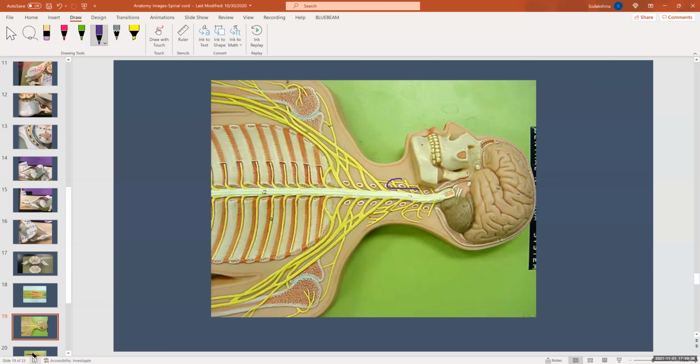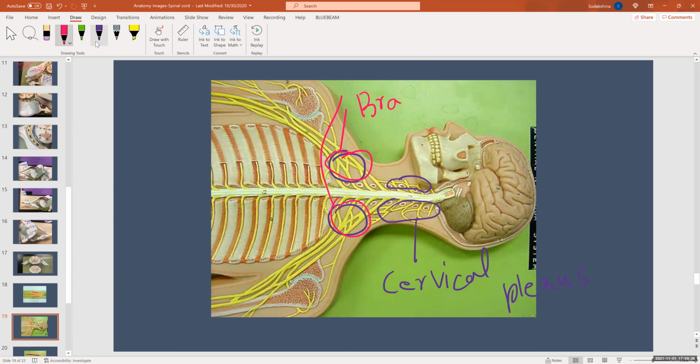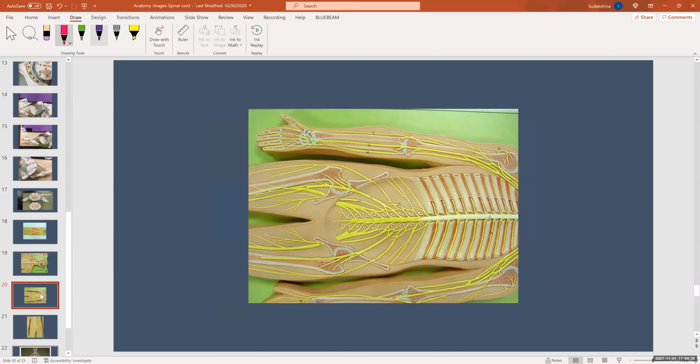So what you are looking at here, this is what we call cervical plexus. What you are seeing here and here, use a different color, here and here, these are known as brachial plexus. Cervical plexus, brachial plexus.